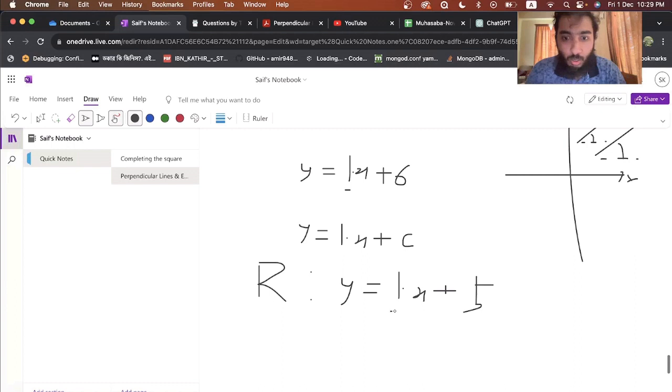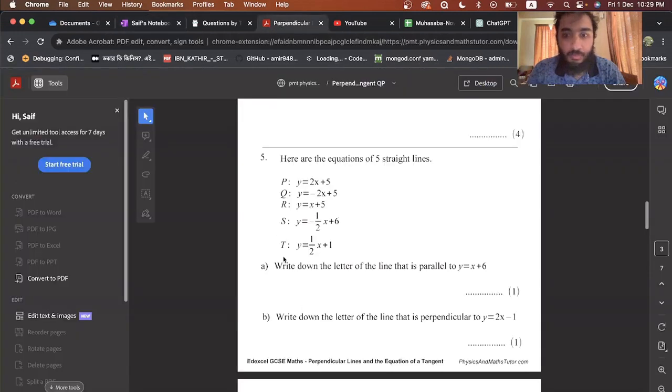So the slope here is 1, and R is parallel to y equals x plus 6. If you look at the other options, in P the slope is 2, in Q the slope is minus 2, in S the slope is minus half, and in T the slope is half. Only in R is the slope 1. So R is parallel to this equation.